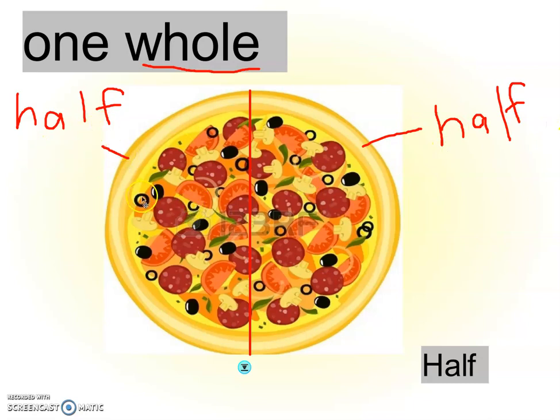So I got two half pieces. If I have to write half in numbers, I will write 1 of 2 equal size. This is half, this is half. Okay, my dear children, both the pieces are exactly the same size. I can write half in words and I can also write half using numbers. In a whole, there are two halves.